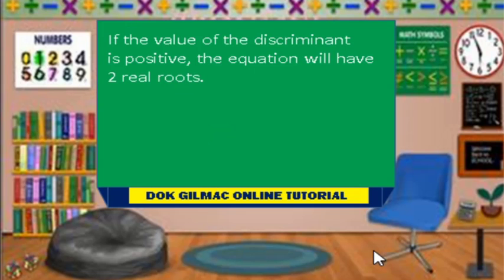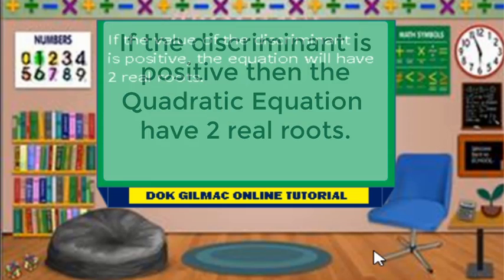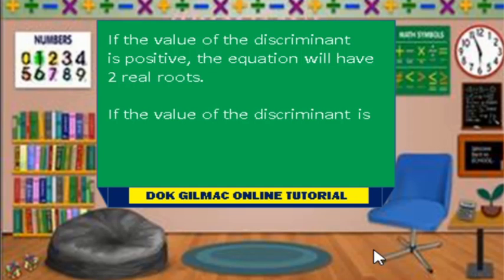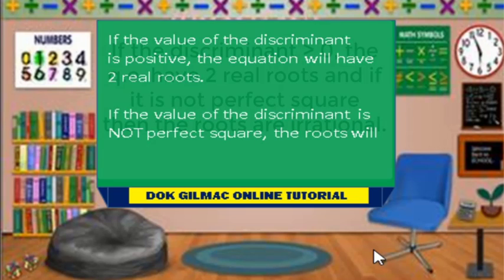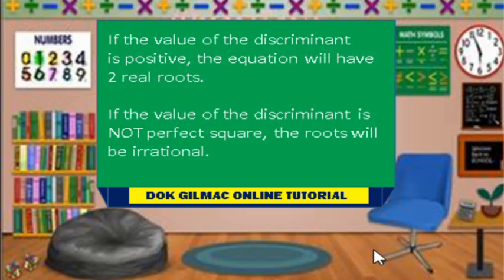If the value of the discriminant is positive, the equation will have two real roots. If the value of the discriminant is not a perfect square, the roots will be irrational. So take note of that, as you can see in example number 2.